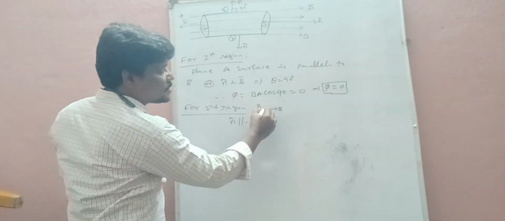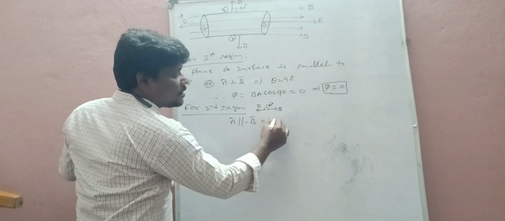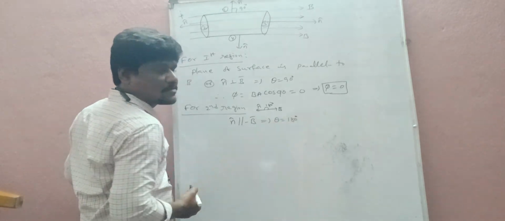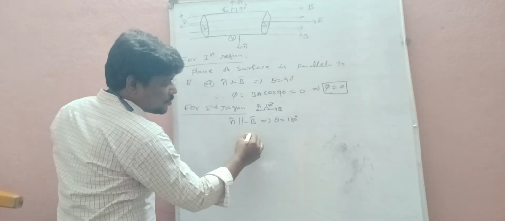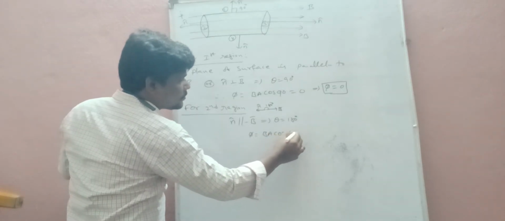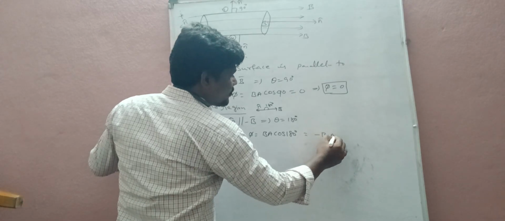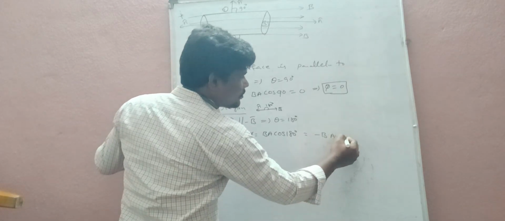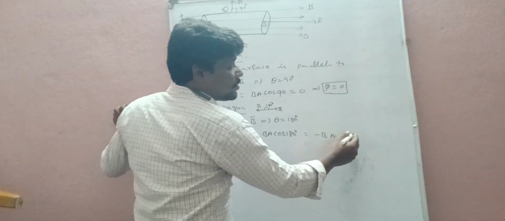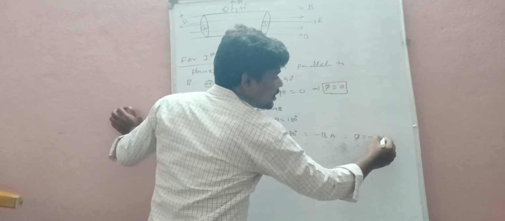What is the angle between these two? 180 degrees. That is, theta equal to 180 degrees. Flux phi equal to BA cos 180, that is equal to minus BA. Therefore, flux phi equal to minus BA.